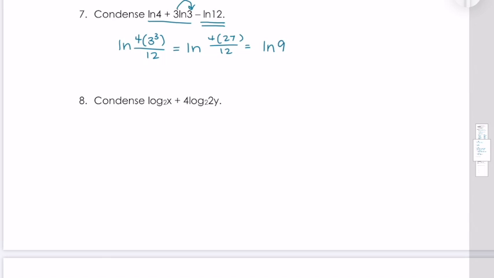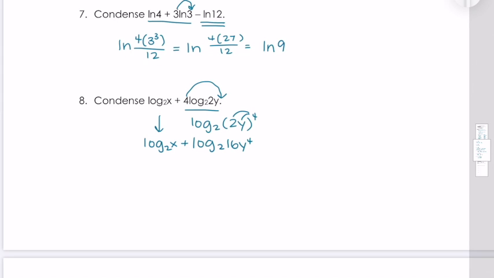All right, I think this is the last one of these, so we are condensing this. I'm going to start with that second term because this time the 4 is the power of both 2 and y. So make sure the 4 is distributed to both of those. All right, and then I'm going to condense.